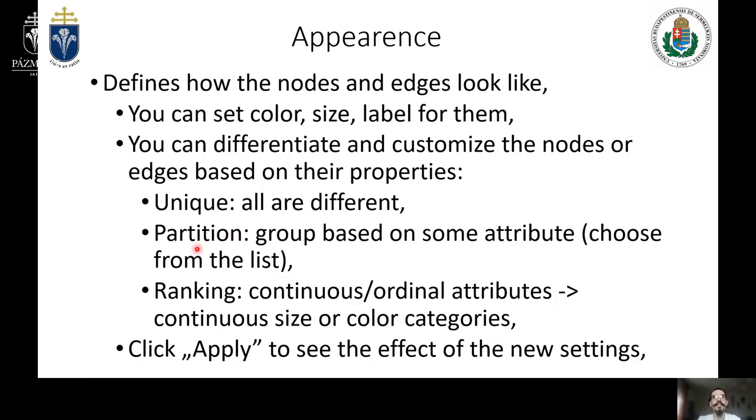Here, this partitioning is making distinct categories and color them or size them based on these categories, while this ranking is assigning continuous or an ordinal value to the nodes, for example, or for the edges, and color them or size them based on this continuous scale.